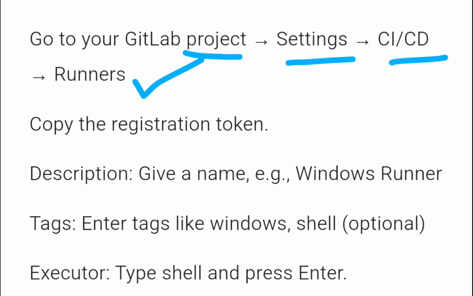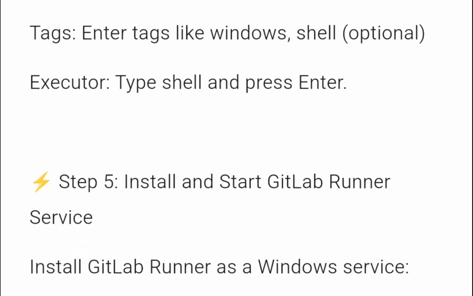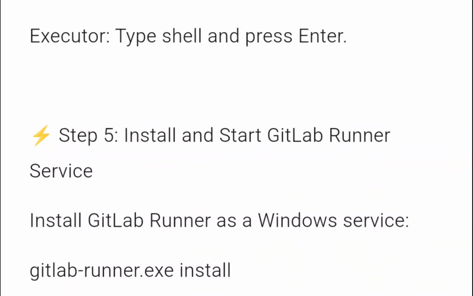Within the GitLab CI UI, you need to enter the tags like this. These tags only you need to use in the pipelines, if you want to use that runner in the pipeline or any project like that.